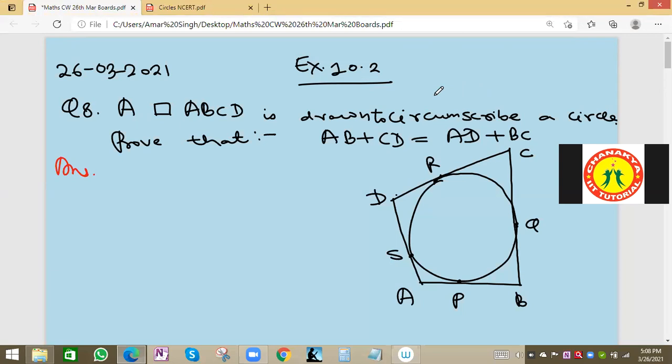Okay, Ujjwala. So we have to prove that the left hand side will be equal to the right hand side.